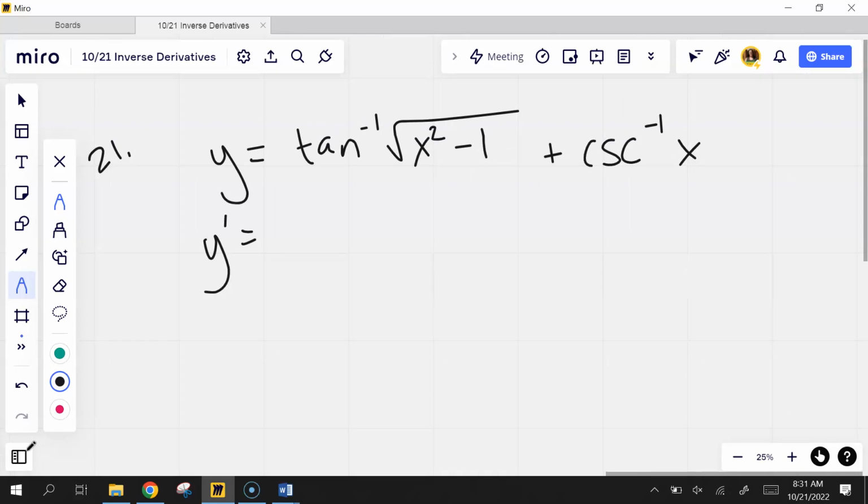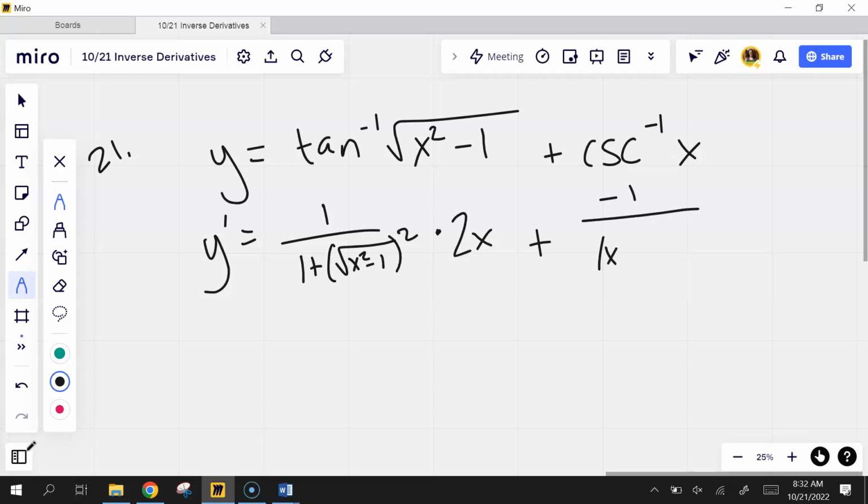Tangent, 1 over 1 plus x squared. Chain it. Yes. Plus inverse cosecant, negative 1 over absolute value of square root of x squared minus 1. Okay.